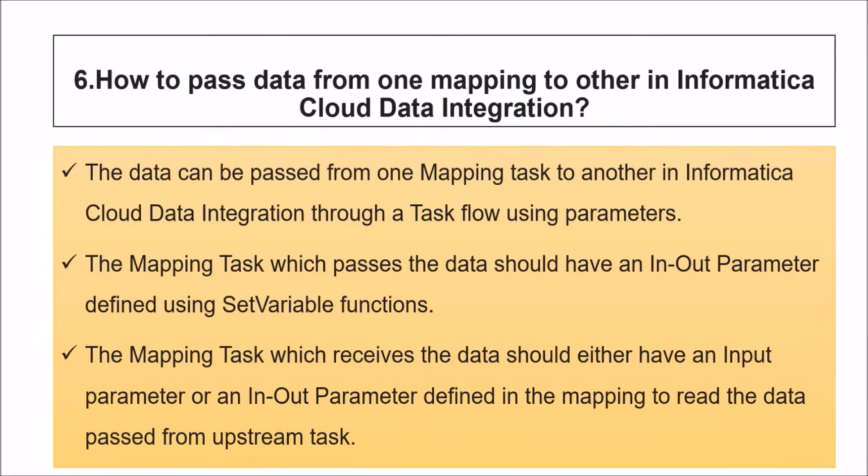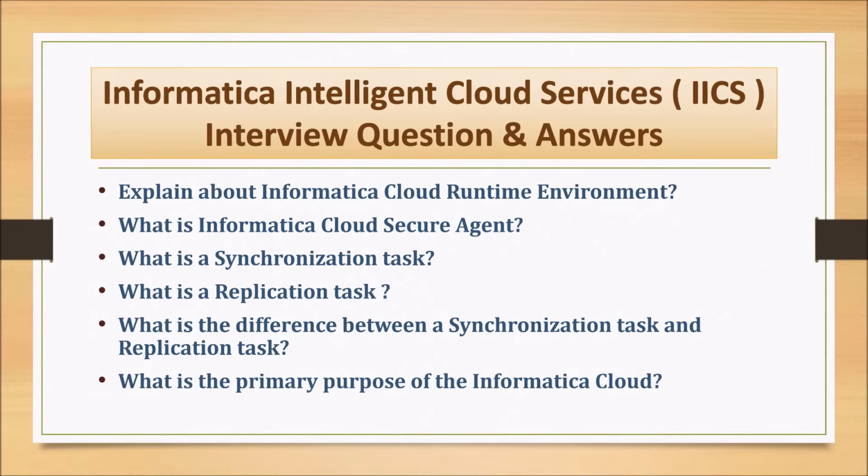We can use this set variable function at the expression level to assign the value to the parameter, and then the second mapping task which receives the data should either have an input parameter or inout parameter defined in the mapping to read the data passed from the upstream task.